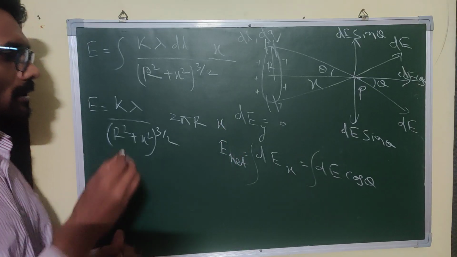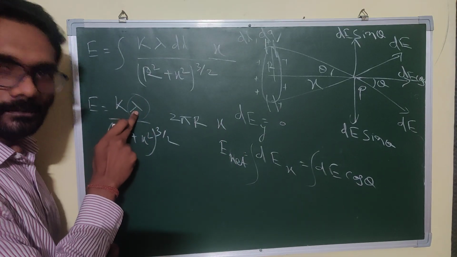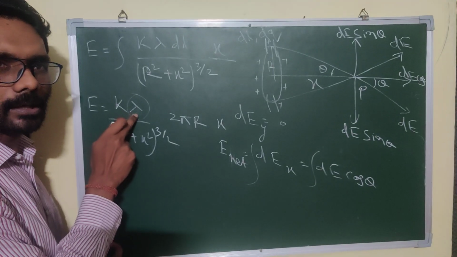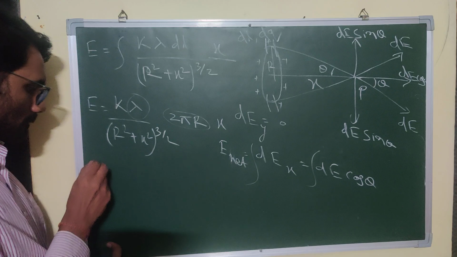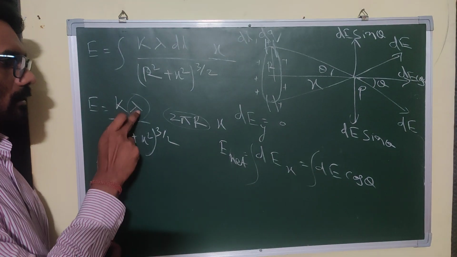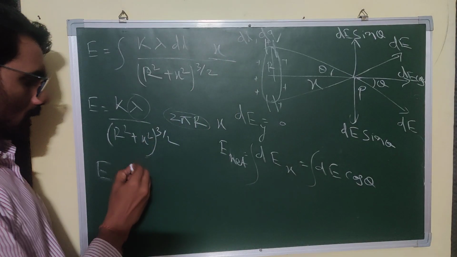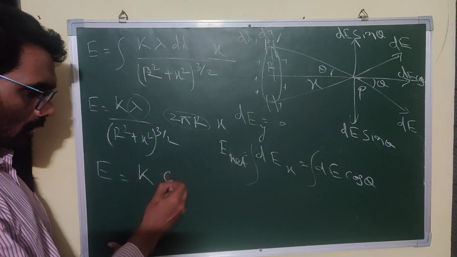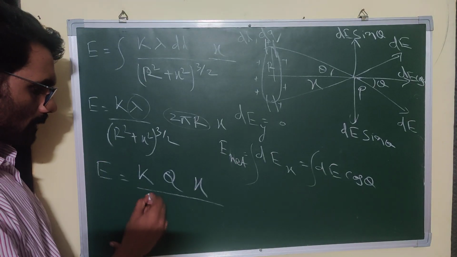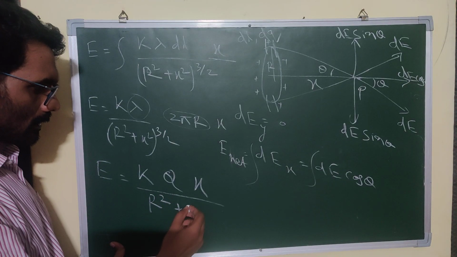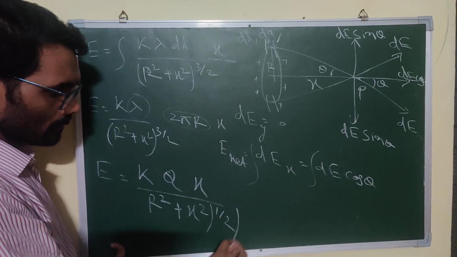So this is the distributed charge, a linear charge distribution, and this is the length. So lambda into L means Q, the total charge, capital Q. So K Q x divided by R square plus x square, the power 3 by 2.